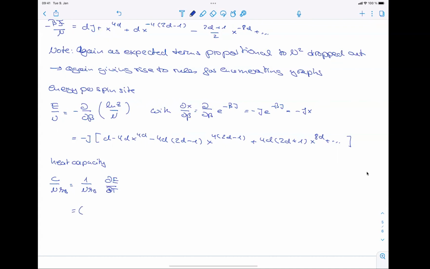And so evaluating that, we get, obviously, again, an expansion in terms of these x's. Okay, so obviously we don't care.